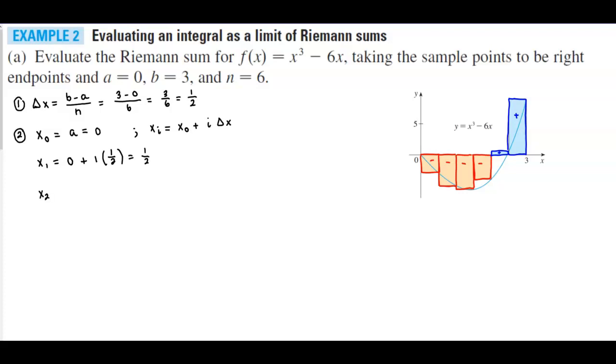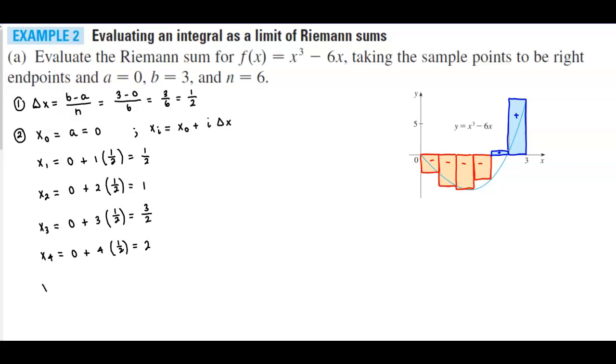Let's find x subscript 2. We take x subscript 0, which is 0, plus now the i is 2, so 2 times 1/2 gives us 1. For x subscript 3, we take 0 plus 3 times 1/2, which gives us 3 over 2. Then x subscript 4 equals 0 plus 4 times 1/2, which gives us 2.